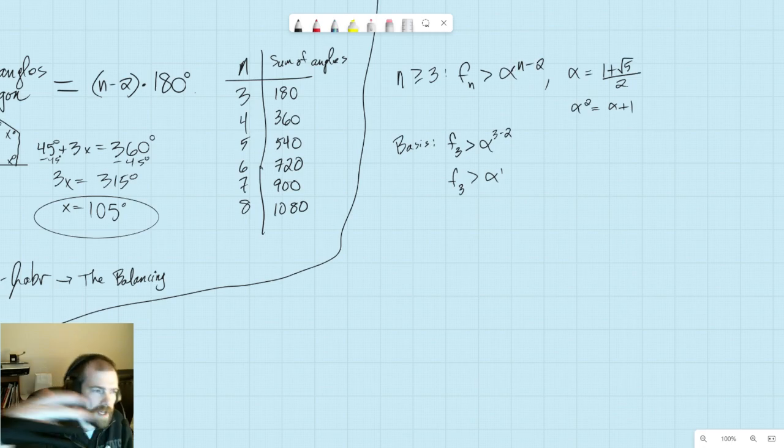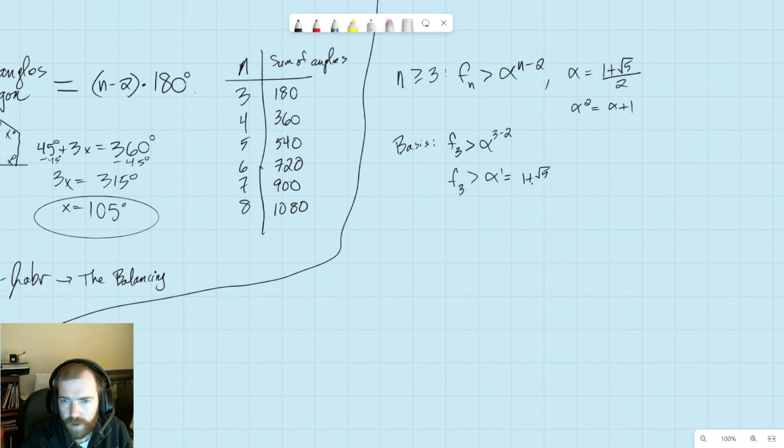So we can do as many basis steps as we want to just show that individually we have some numbers that work. 4 is greater than alpha raised to the 4 minus 2, which equals alpha squared, which equals alpha plus 1.